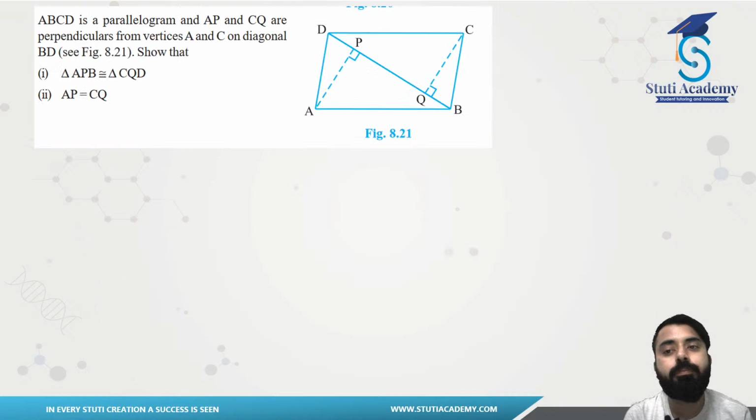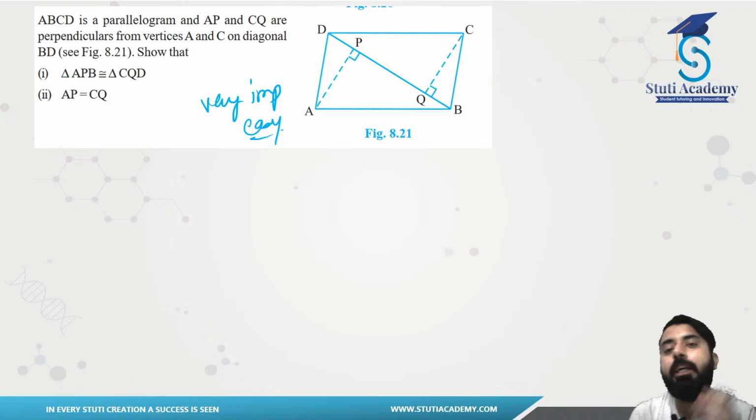It is this one. This is again very important but very easy too. See, ABCD is a parallelogram in which AP and CQ are perpendiculars from vertices A and C on the diagonal BD. ABCD is a parallelogram. AP and CQ are the two perpendiculars. Now guys, see, if ABCD is a parallelogram, you guys already know opposite sides will be equal and they will be parallel too.